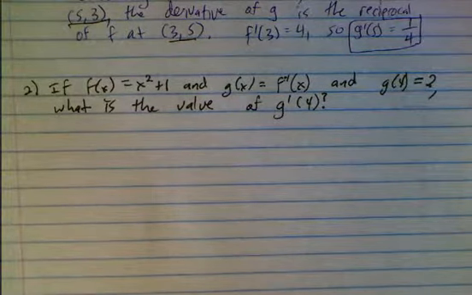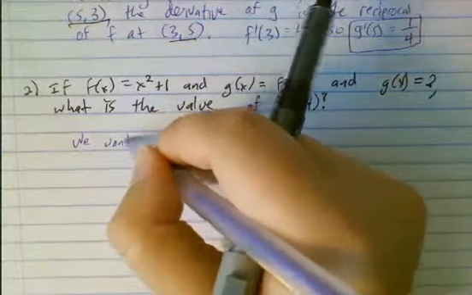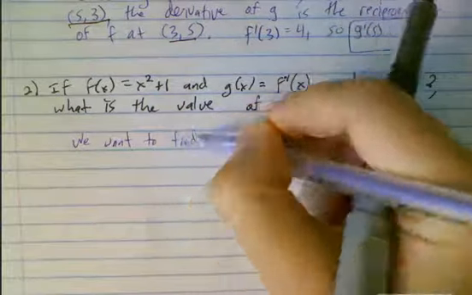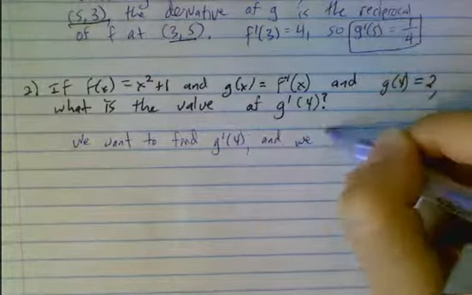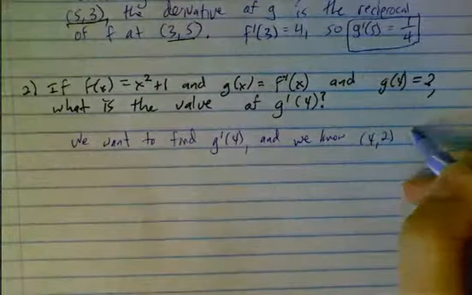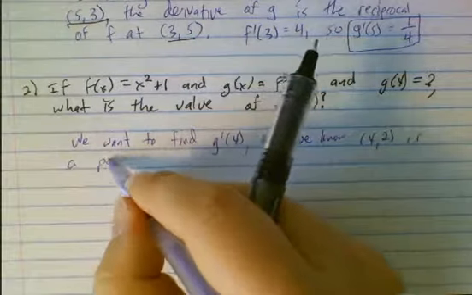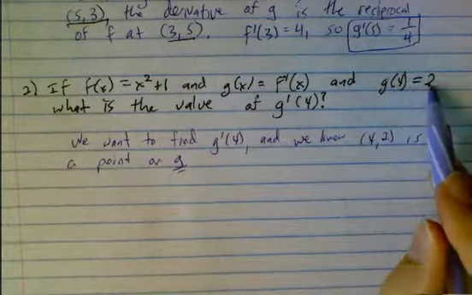So here's our logic. We want to find g prime of 4, and we know 4, 2 is a point on g. X is 4, y is 2.